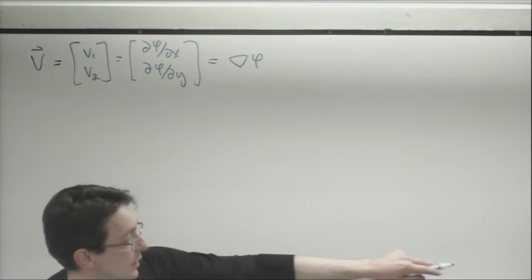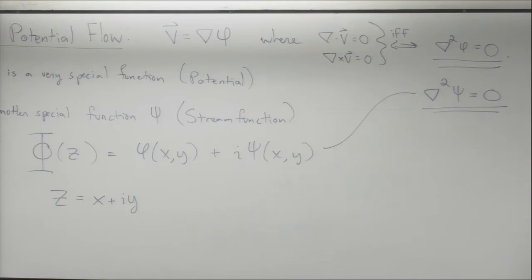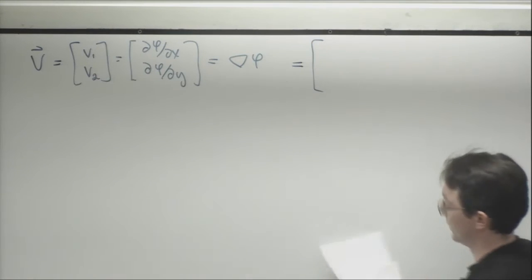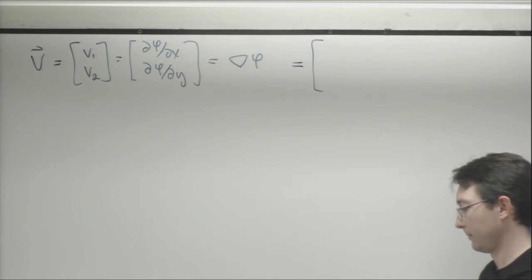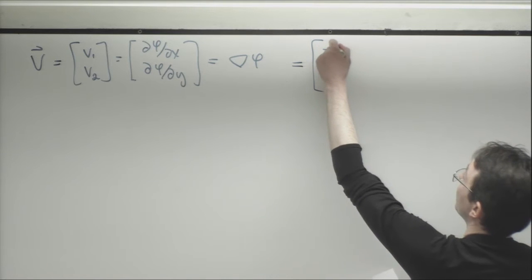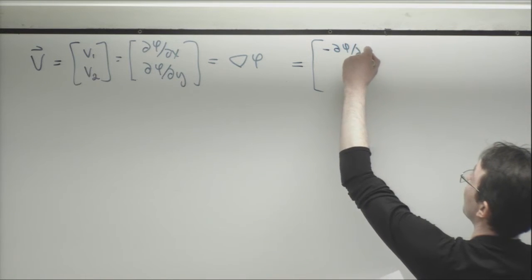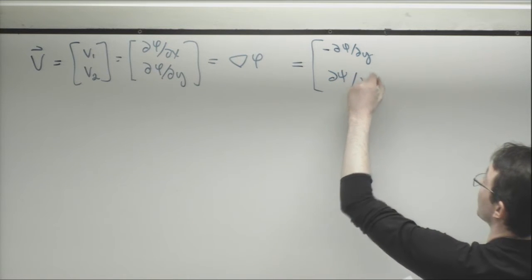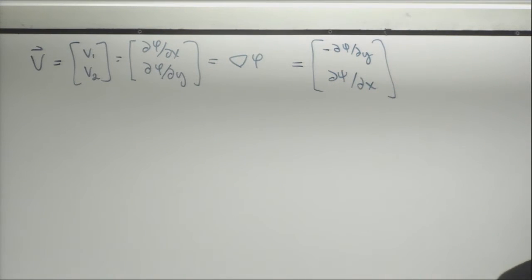And it turns out that if you can write down this special complex potential function, then this is also equal to (minus partial psi partial y, partial psi partial x). So this is really special.